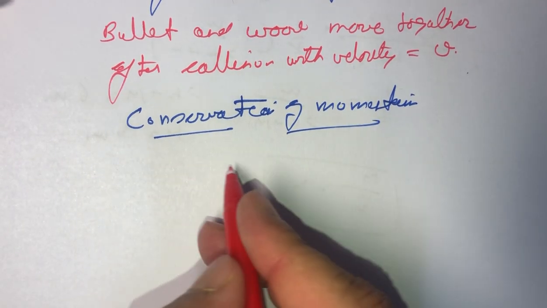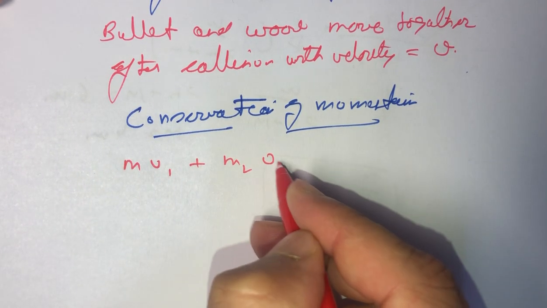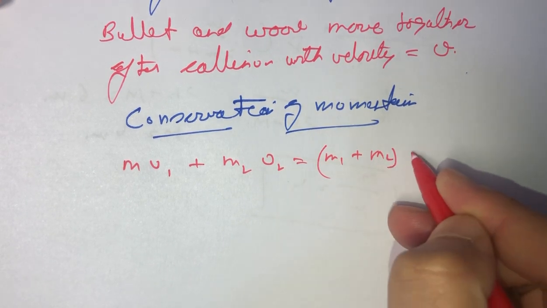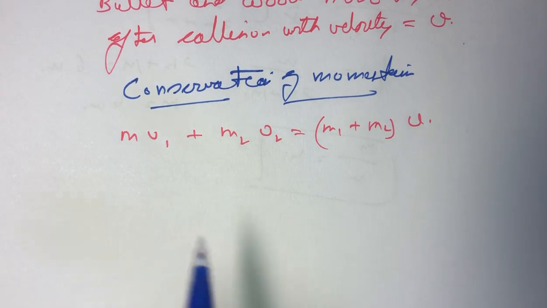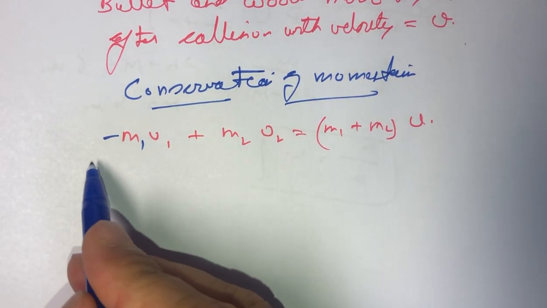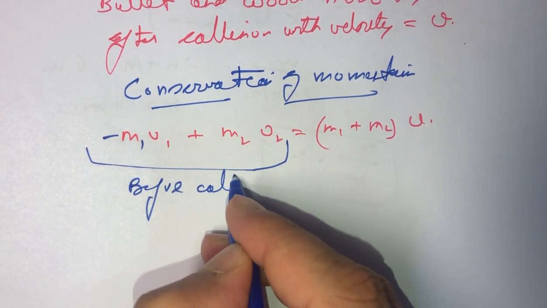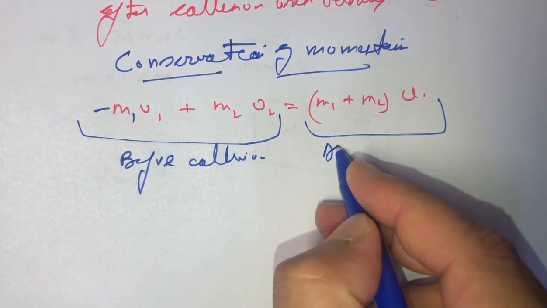So before we can say is our m1 v1 plus m2 v2 is equal to m1 plus m2 multiplied by v, and the direction of m1 is opposite to that of v2, so we put here a negative sign. So this is our before collision and this is the momentum after collision.